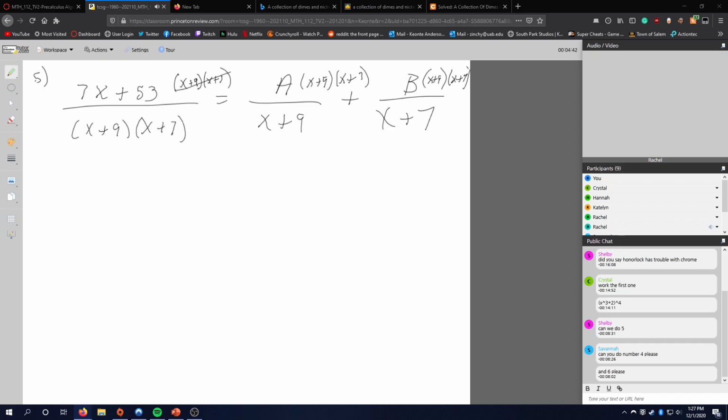Over here, both of those will cancel out, so I end up with 7x plus 53 equals. Over here, I have A times x plus 7 left, and here, I have B times x plus 9 left.